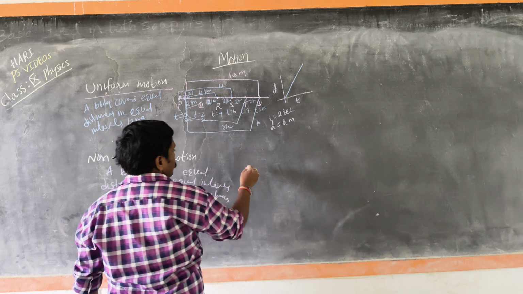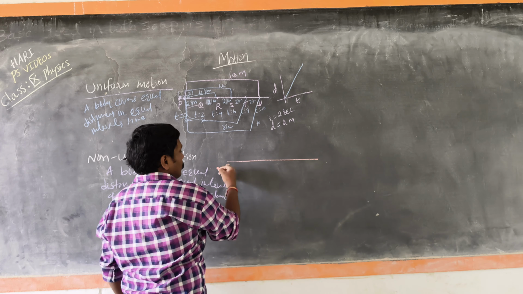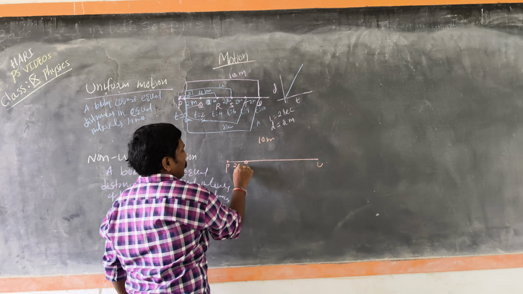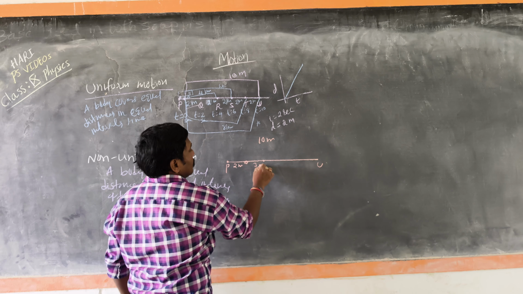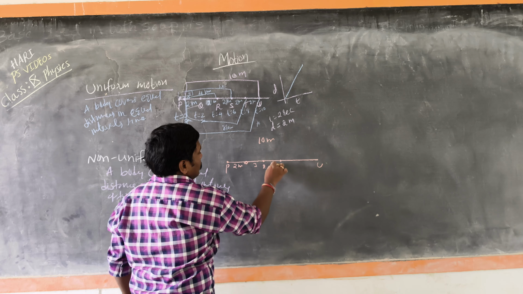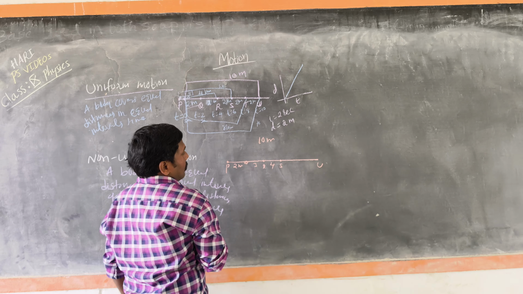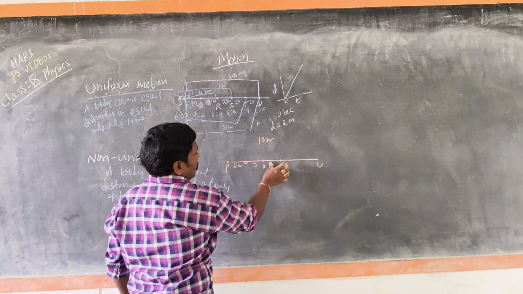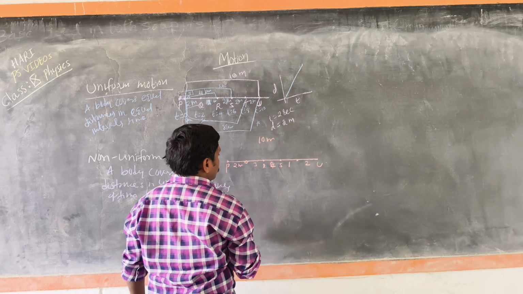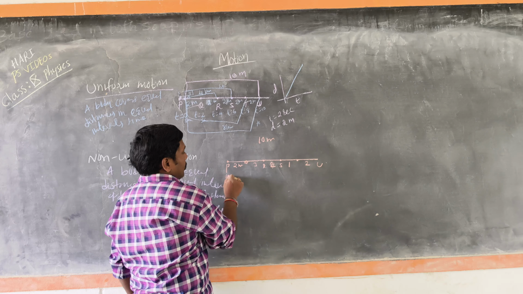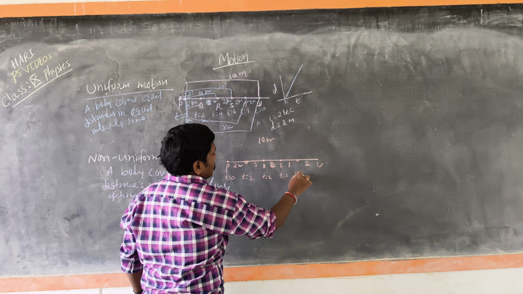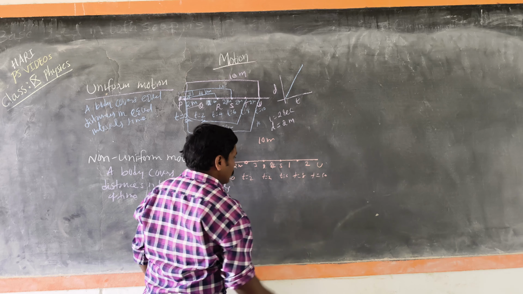Let us take the same example. P to Q 2 meters, Q to R 3 meters, R to S 2 meters, S to T 1 meter, T to U 2 meters. So the time gap here: t equal to 0, t equal to 2, t equal to 4, t equal to 6, t equal to 8, t equal to 10.